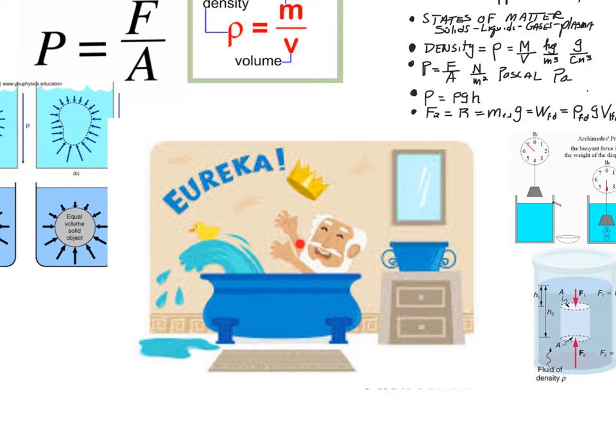That there's this force of the water, this buoyant force on him, and he came up with the idea that, oh, if I weigh less in the water, the crown's going to weigh less in the water, and how much less it weighs in the water is related to its density, and through that method I can figure out whether it's gold or not. And when he had that insight, he claimed Eureka and jumped out of the bathtub. So that's the story of Archimedes.